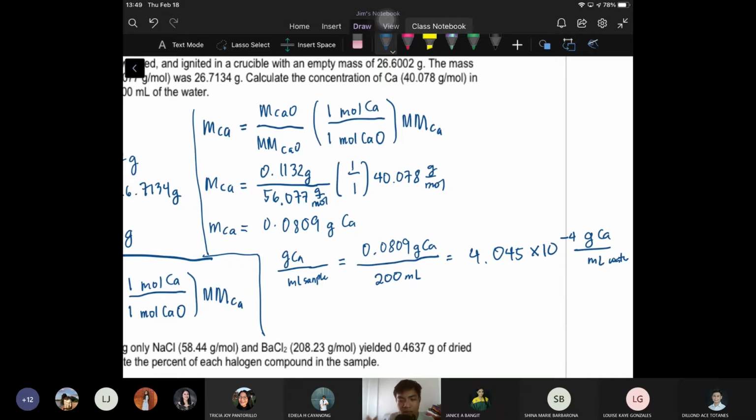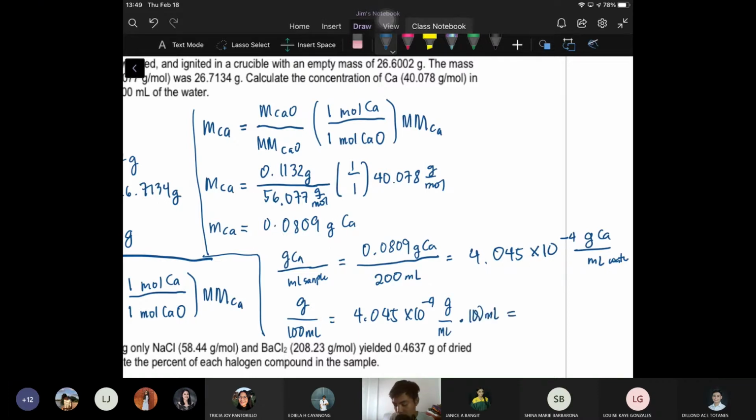Ang sabi ng problem, grams per 100 ml. O, paano yon? You have to multiply this by 100 ml. Ganun lang gagawin. Okay. So to get the grams per 100 ml, you just multiply this number by 100 ml. No? It's 4.045 times 10 raised to negative 4 gram per ml times 100 ml.